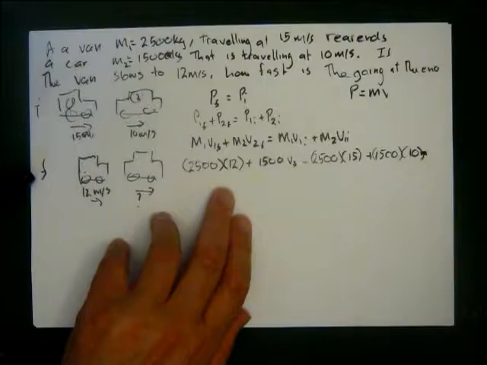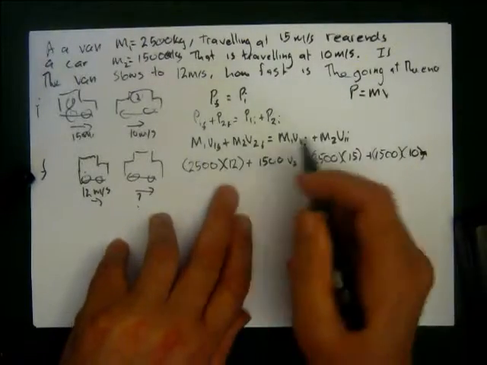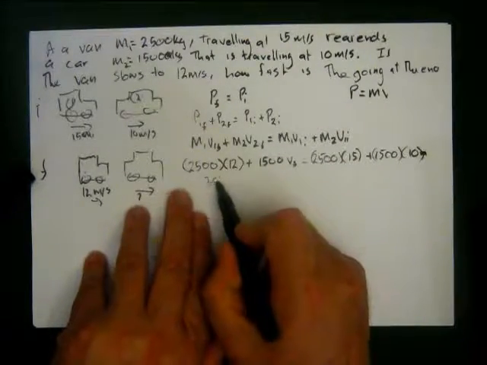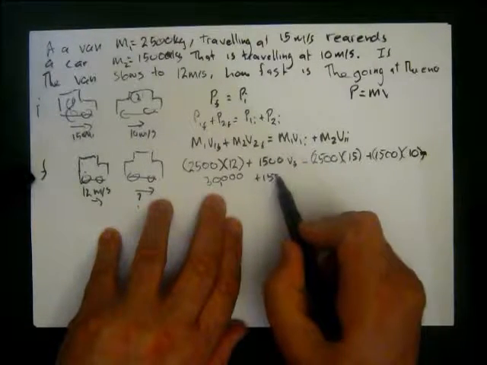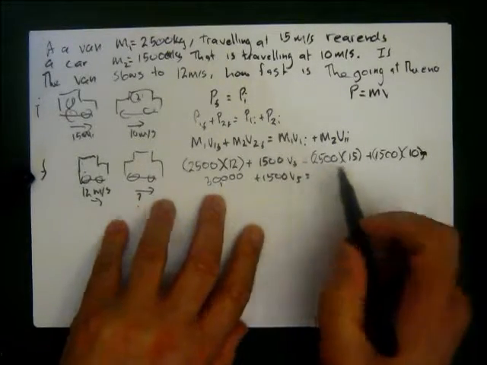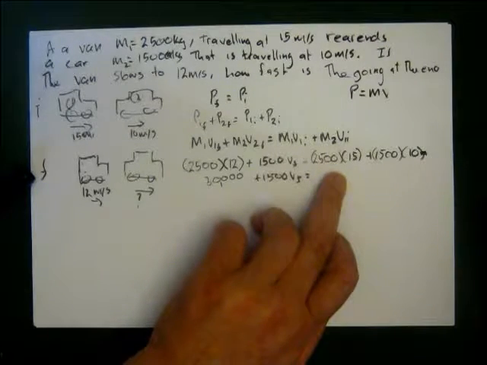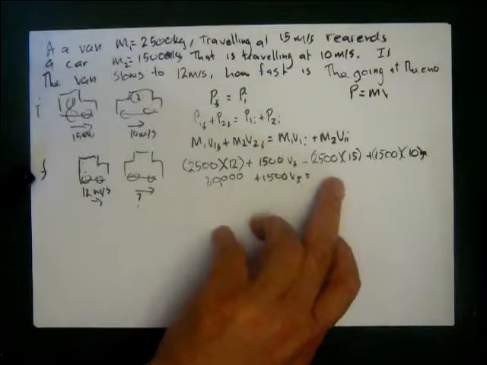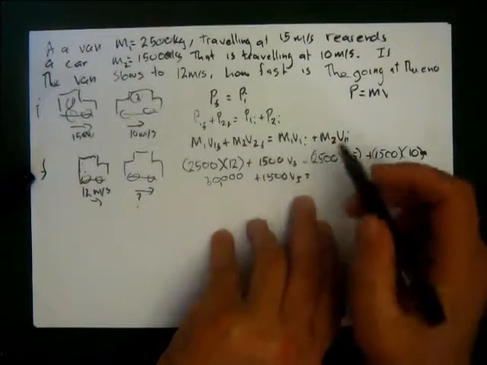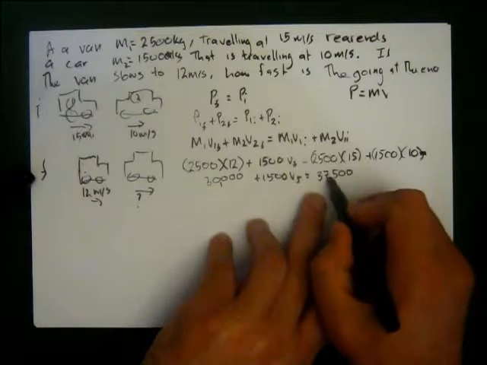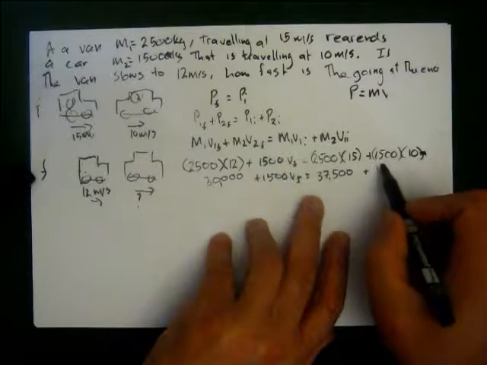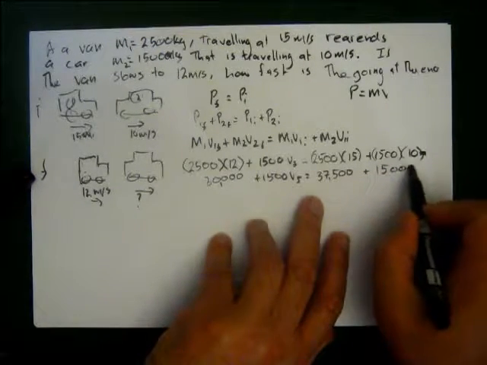So we can actually run through this if we want. So that's 30,000 plus 1500 VF equals 37,500 plus 15,000.